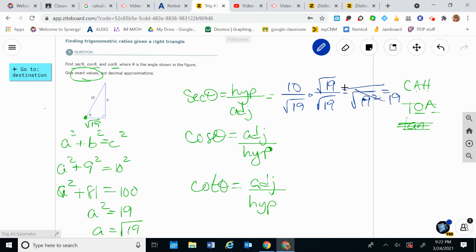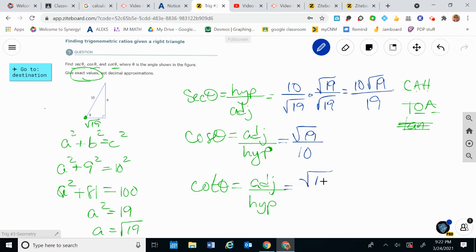I'm hoping that helps some of you guys not make the mistake. Okay, and you get, sorry guys, I'm just going to write that. I'm going to do it like this, 10 square root of 19 over 19. Adjacent, square root of 19 over hypotenuse, 10, and you're done.